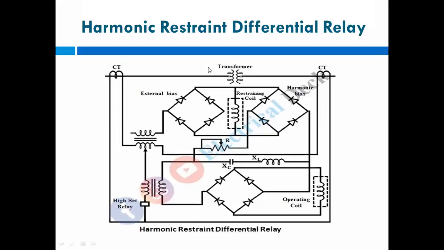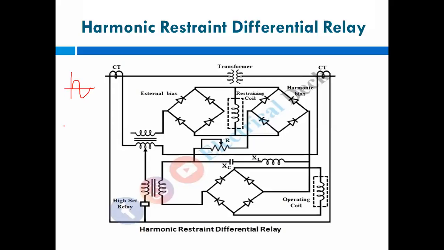So when we are comparing the waveforms, the sine waves are there, but we have to identify the fundamental harmonics and the higher order harmonics, that is the third, fifth, and seventh order harmonics.